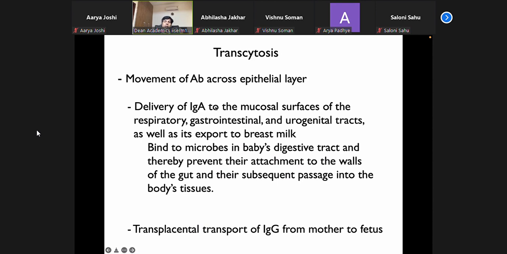Okay. Delivery of this IgA to mucosal surfaces of either the respiratory, gastrointestinal, or urogenital tract, or its export in the milk, breast milk, is facilitated by the Fc portion in these IgA antibodies. Okay. And once these antibodies of IgA type are present there, they carry out their functions.